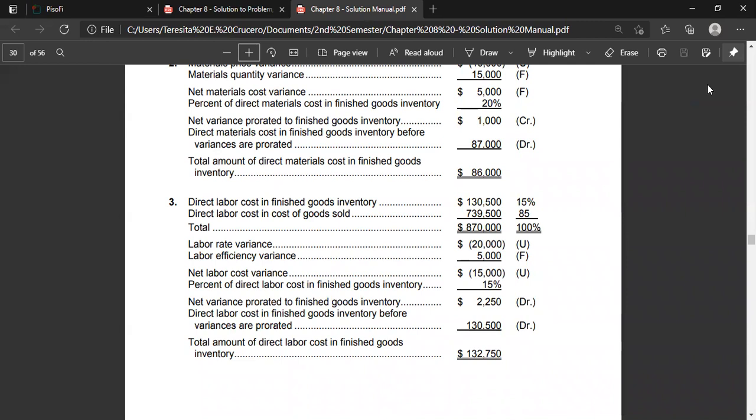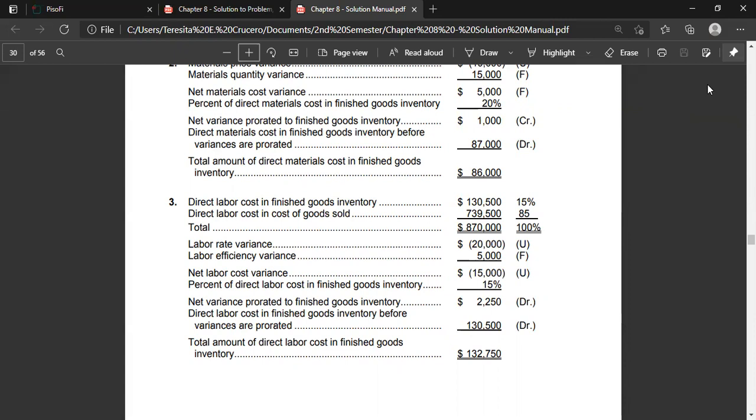So the labor rate variance is negative 20,000. It's unfavorable. Labor rate variance is 20,000 unfavorable inside the parentheses. Then we have labor efficiency variance. 5,000 is favorable.